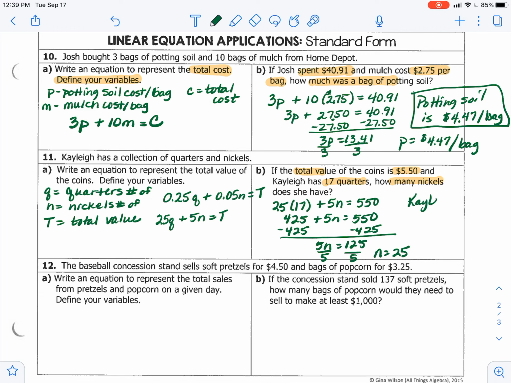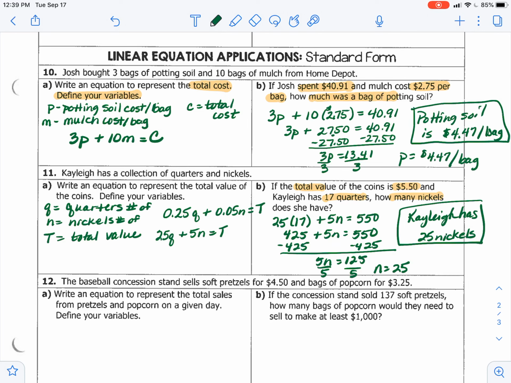So Kaylee has 25 nickels. Final answer. Okay. And again, you can think about it. Do you think these are easier than the ones we did before? Yes or no on there? Okay, so we'll continue on and finish these up.